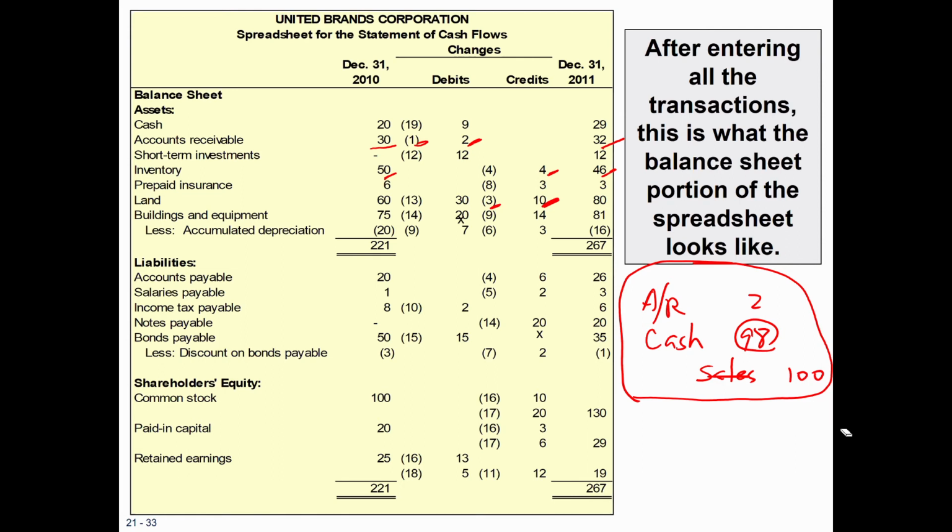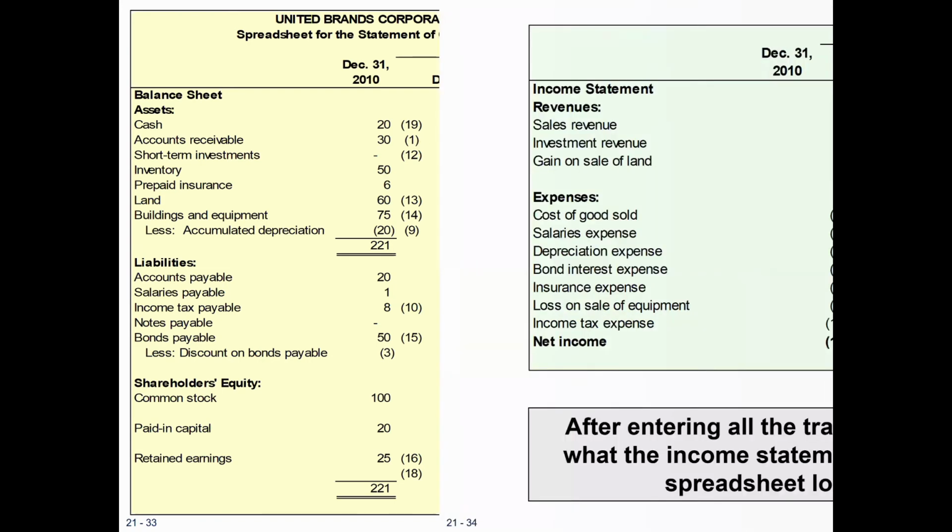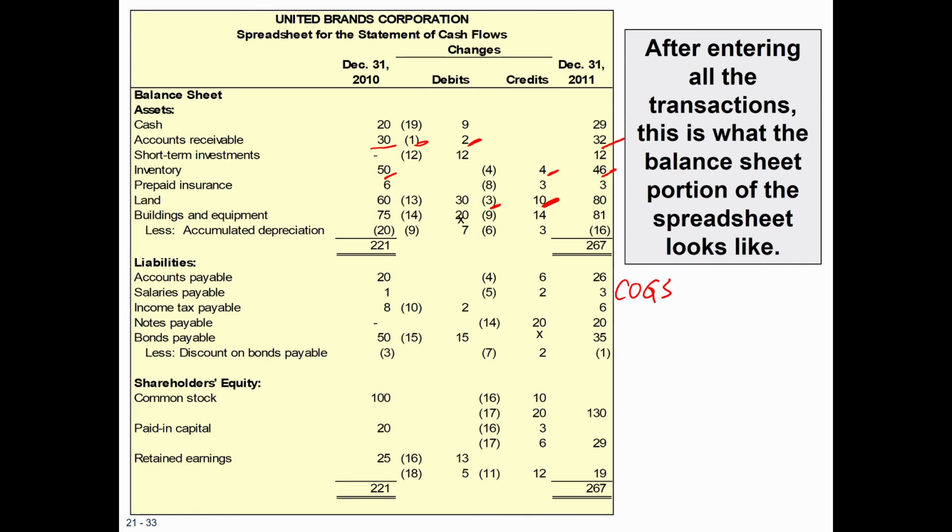So probably it's better to see it visually, right? So if we put those together, we have inventory. The cost of goods sold was what? Was 60, right? You debit 60 to cost of goods sold. We have inventories. You credit, right?